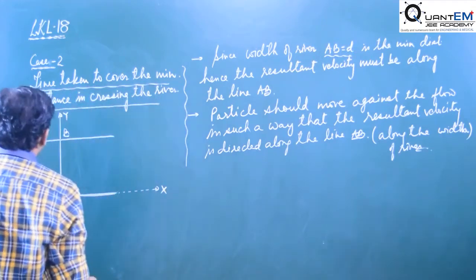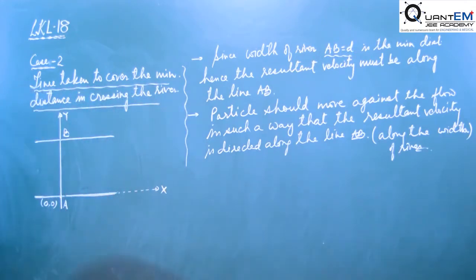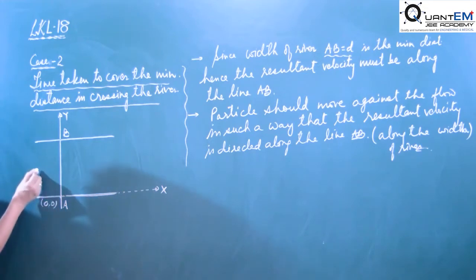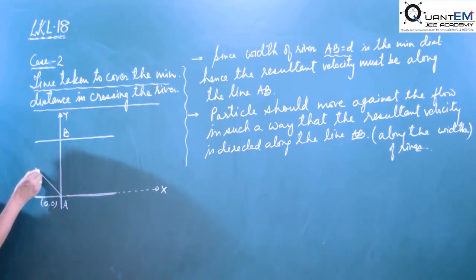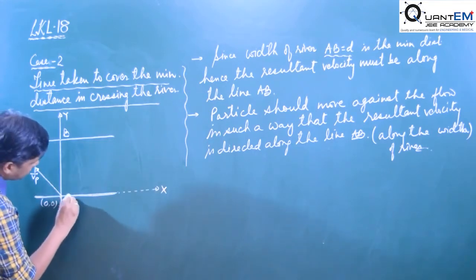Now, the particle should be moved against the flow in such a way that, it is the velocity of the particle and it is the velocity of the river.